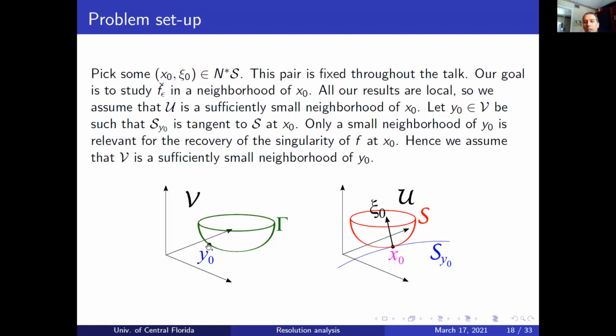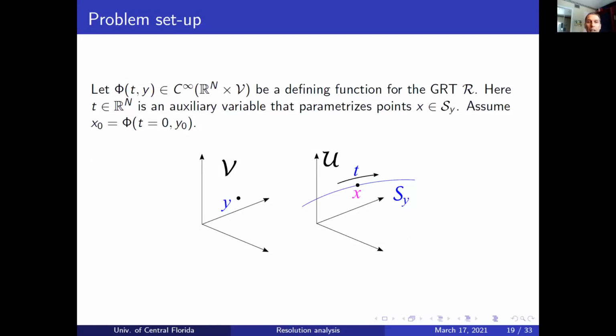Here, y naught is such that the corresponding integration surface, S sub y naught, is tangent to S precisely at x naught. So the singularity of f at x naught is reconstructed using data in a neighborhood of y naught. That's why you only need a small neighborhood around y naught.